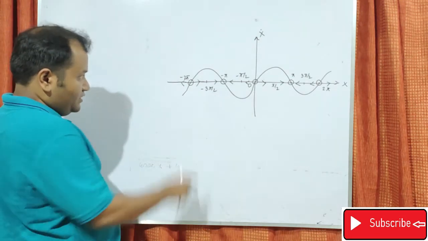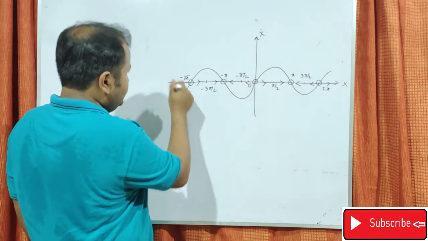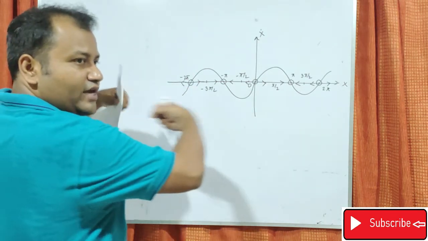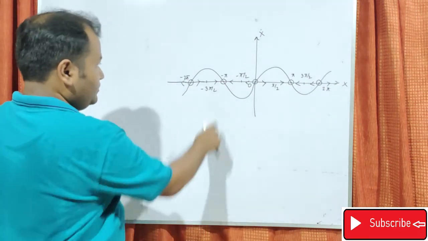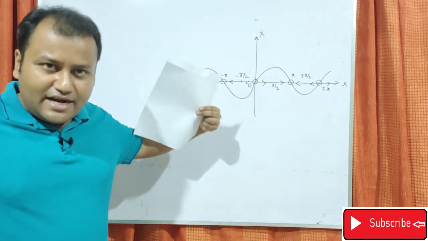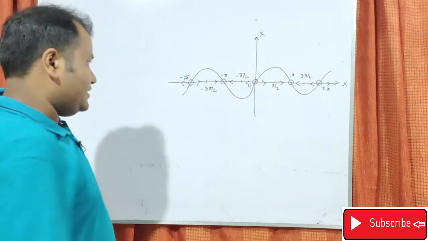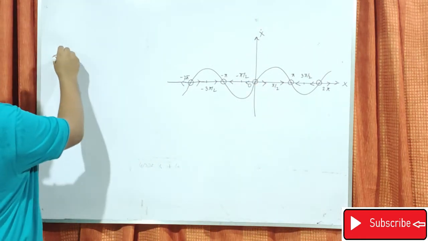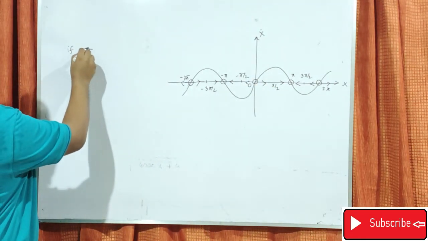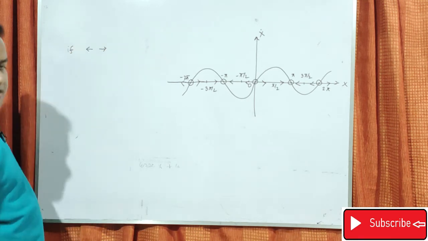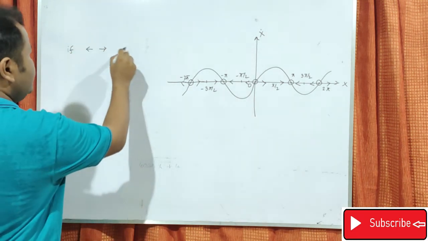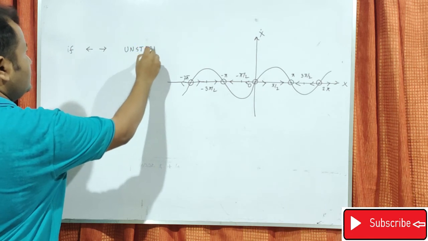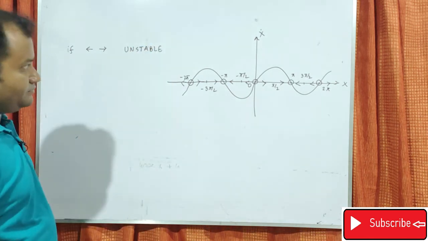Now look into this point. Here two arrows are going to the opposite sides, and here two arrows are coming toward the same point. If the arrows are going away in opposite directions, then the point is called an unstable point.